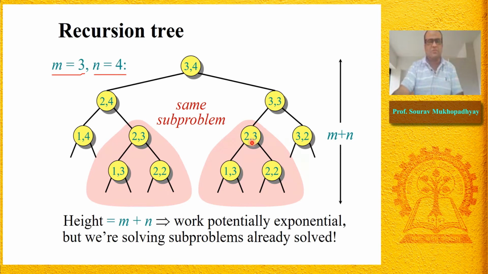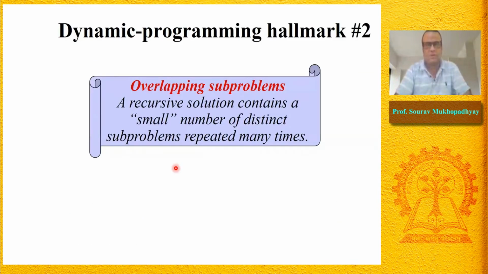So if we somehow store these values in some table or array, then we can use them here, or if we do it first here, then we can use it there. So this is the second hallmark: we have many repetitions of the subproblems. Then, when we think okay, this is the time for applying DP for our problem.